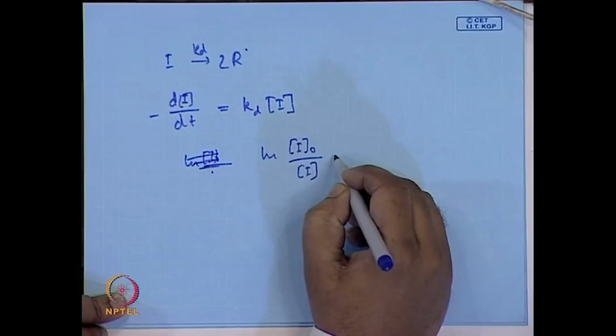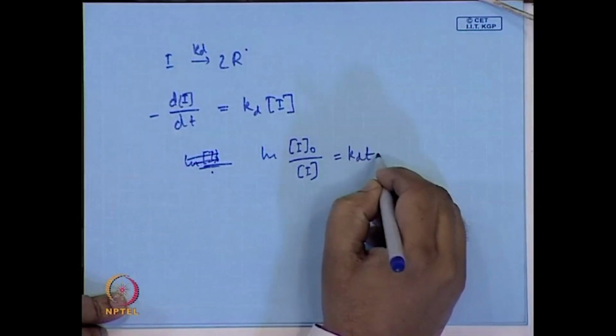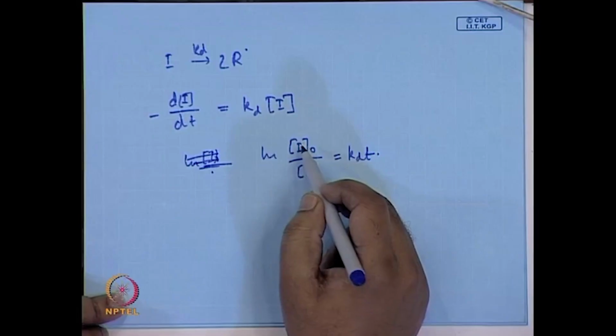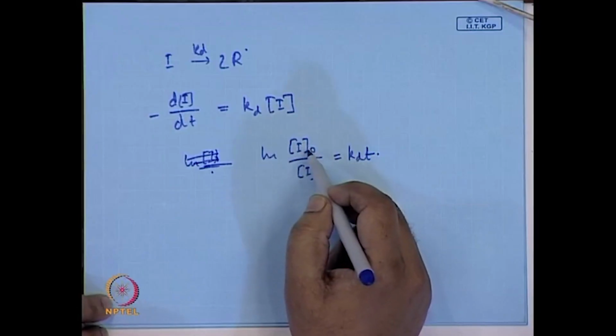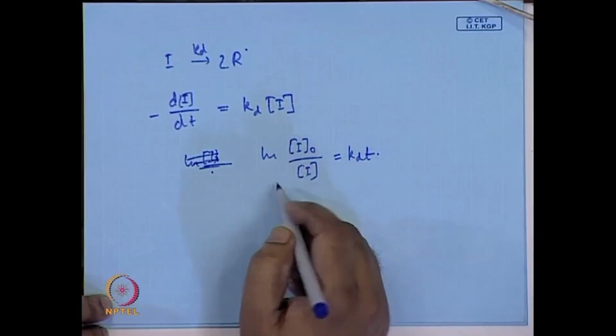On integration, where I0 is the concentration of initiator at t equal to 0, and this is at some other time t.